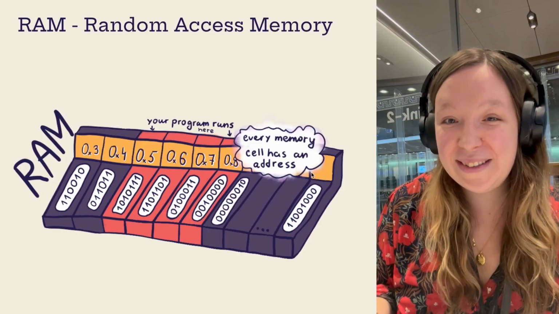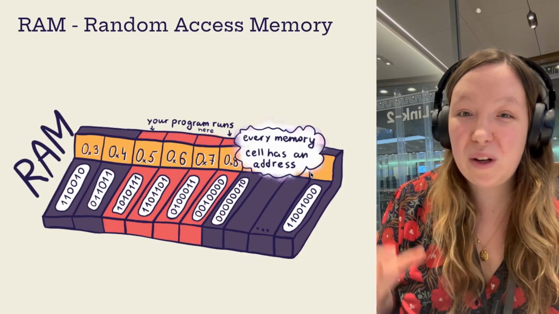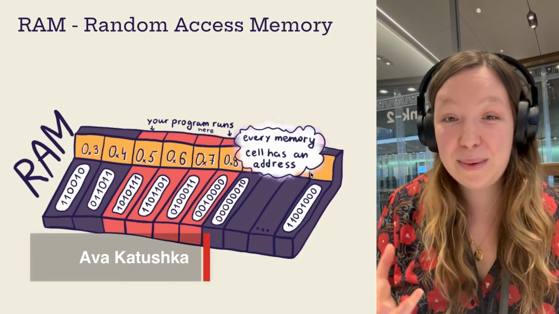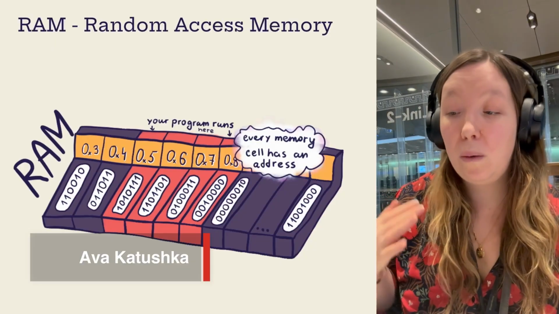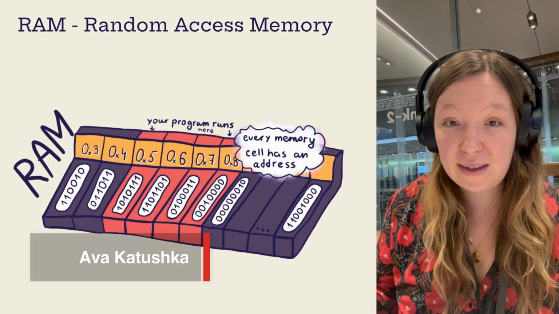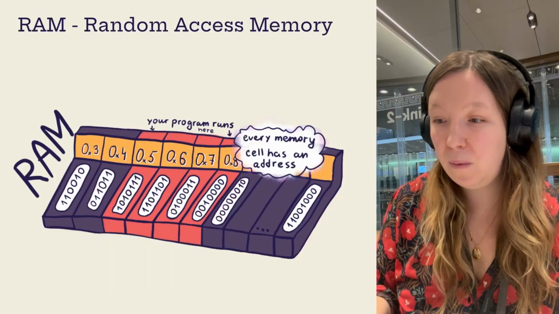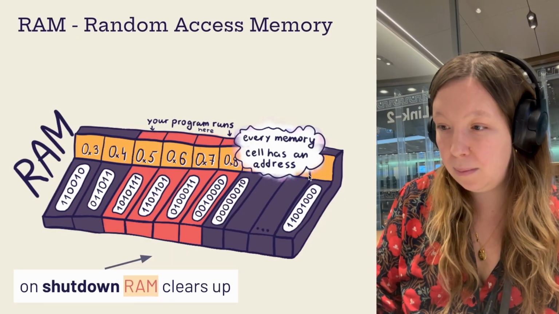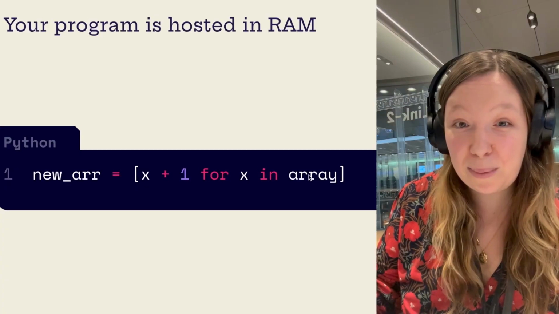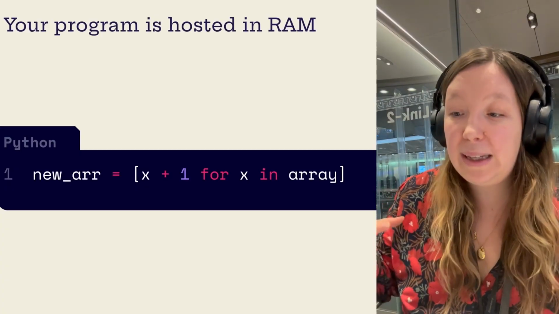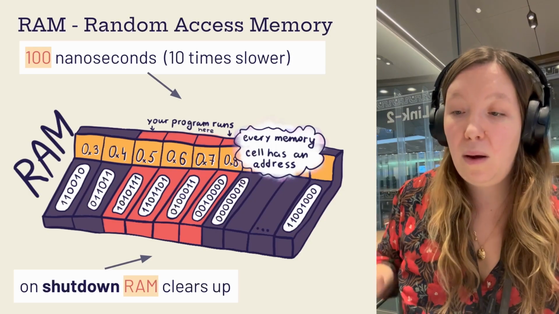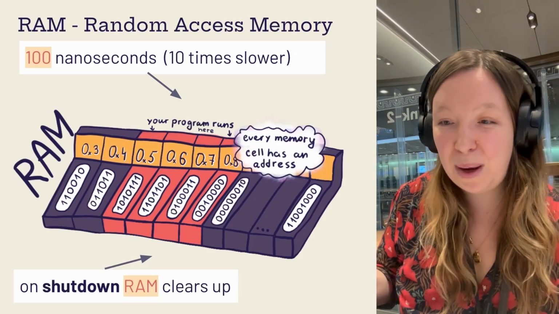Let's look into random access memory, which we already mentioned a couple times before. This is the place where your program runs. So a Python program which you write, it would load up and have its own space within random access memory.